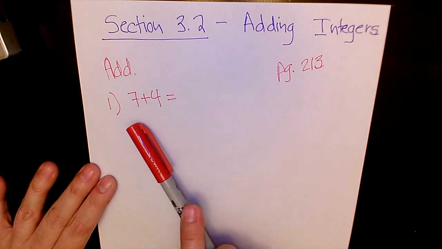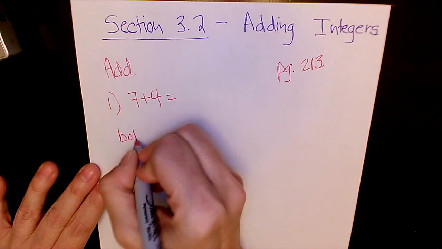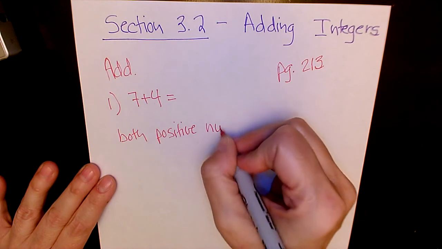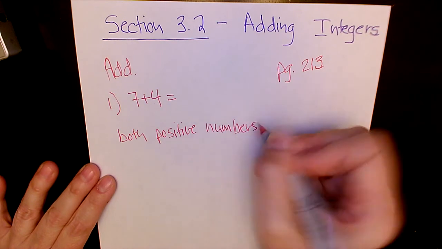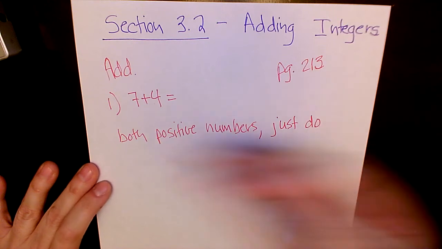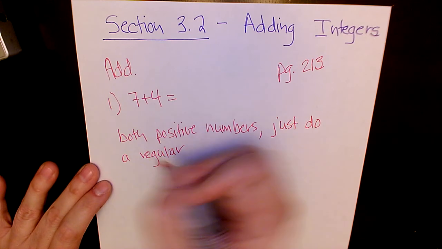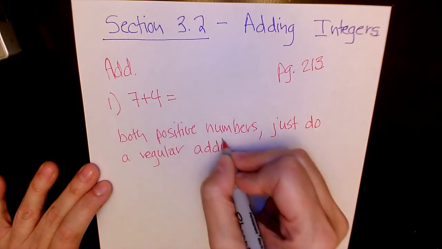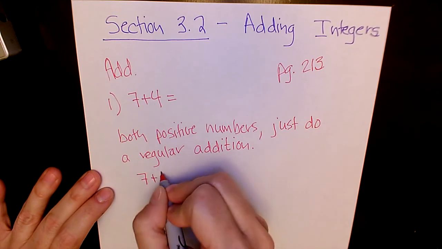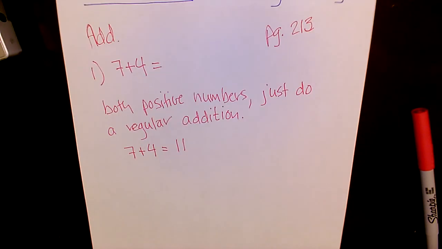If they're both positive, 7 is positive and 4 is positive, both positive numbers, just do a regular addition. Just add them together. So 7 plus 4 is 11, and you're done.